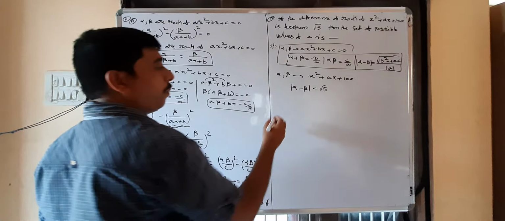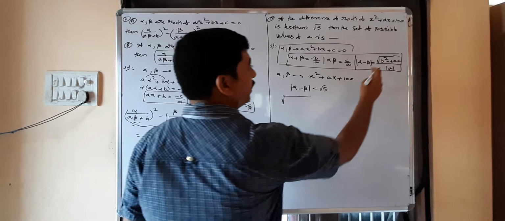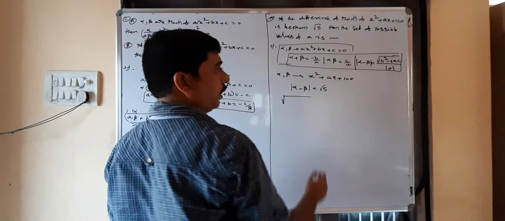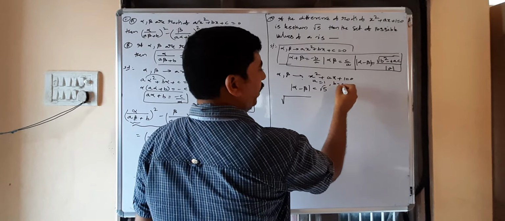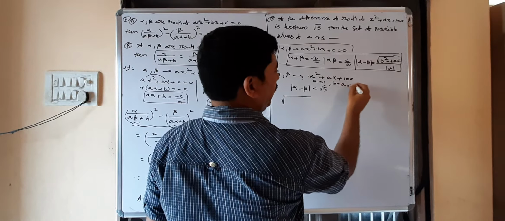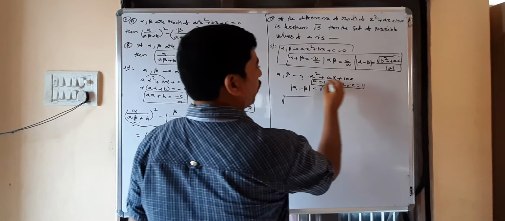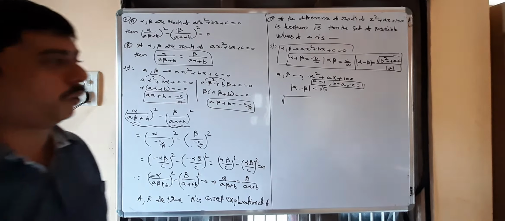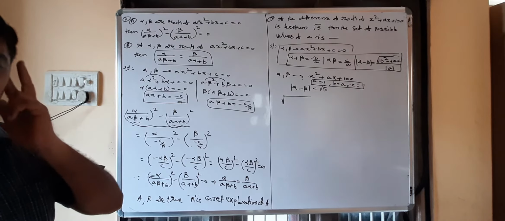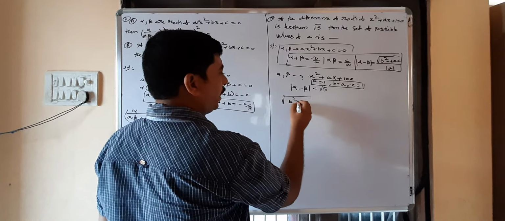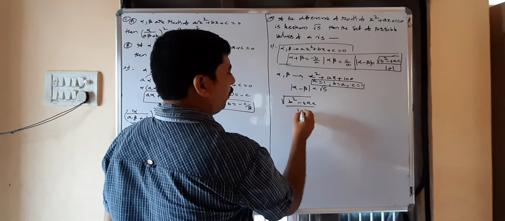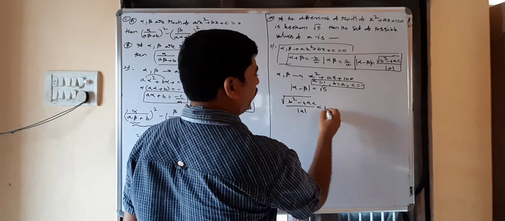We know the formula for mod of alpha minus beta is root of b square minus 4ac by mod a. Coefficient of x square is 1, coefficient of x is b equal to a, and c equal to 1. So root of b square minus 4ac by mod a less than root 5.